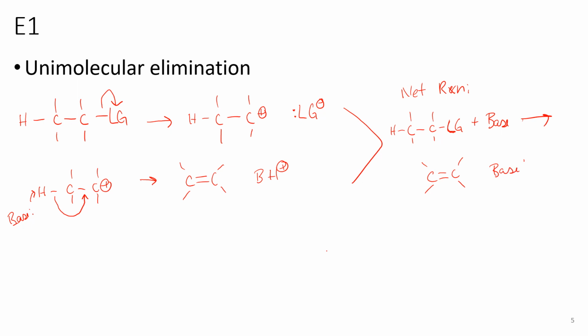We then end up with our protonated base plus our negatively charged leaving group as well as the alkene. So the net reaction is just a sum of these two elementary steps, but in an E1 type mechanism we do see this multi-step process where we have produced the carbocation intermediate in step number 1. That carbocation intermediate will then react in step number 2 to get us to our final alkene.